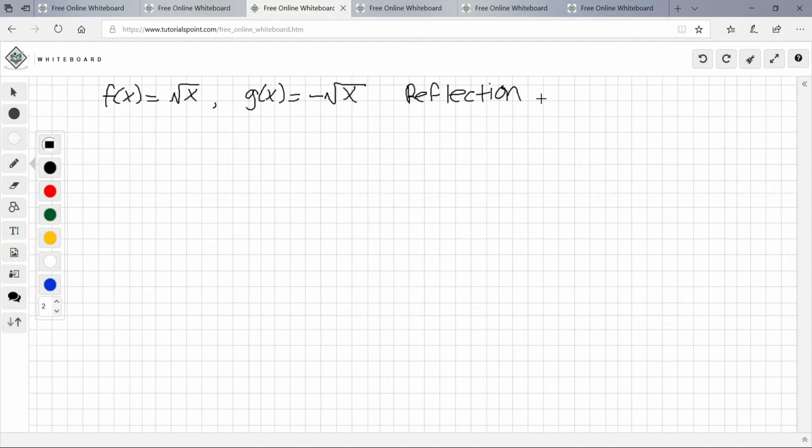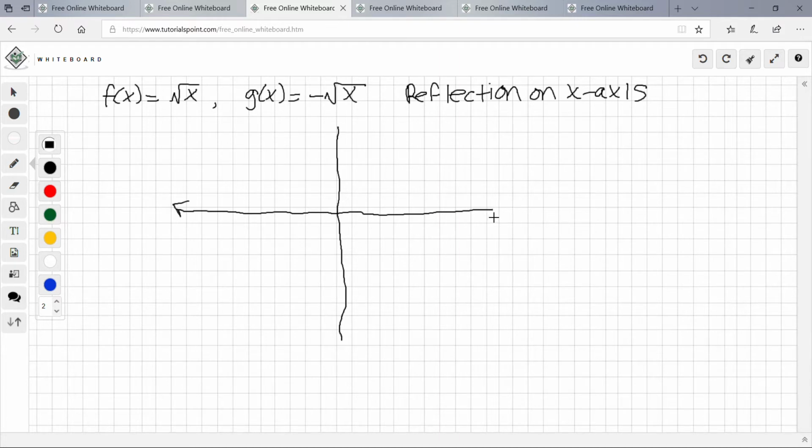It's a reflection on the x-axis. Okay, so we have the x and the y. Yeah, these are just rough estimates.